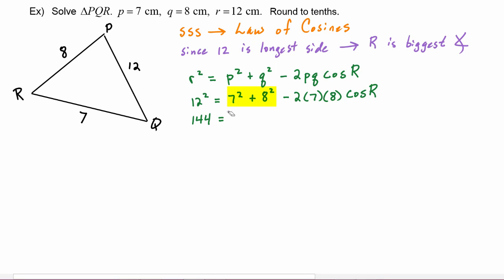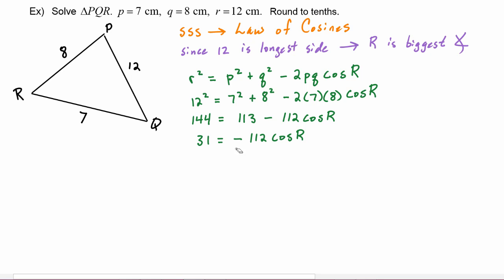Here we have 49 plus 64 is 113. Now here we know 7 times 8 is 56, times 2 would be 112, and then cosine r. We would subtract 113 from both sides. Now we have 31 is equal to negative 112 cosine r.